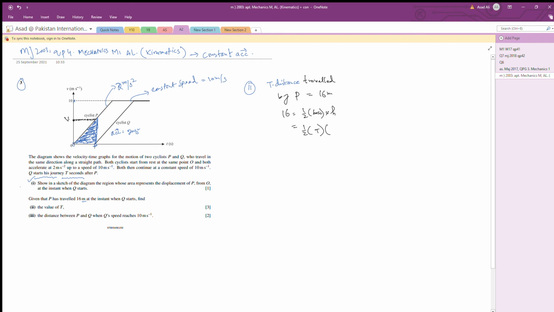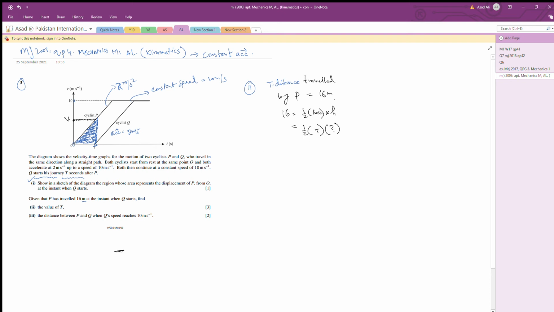I'm finding this V first because we can't have two unknowns in one equation. So let me first find this. Look here, first I'm doing this height. The height is not given, I'm finding the height.